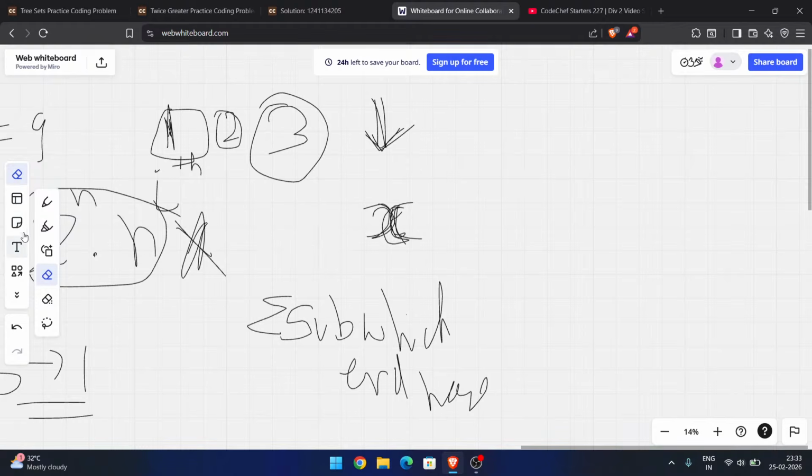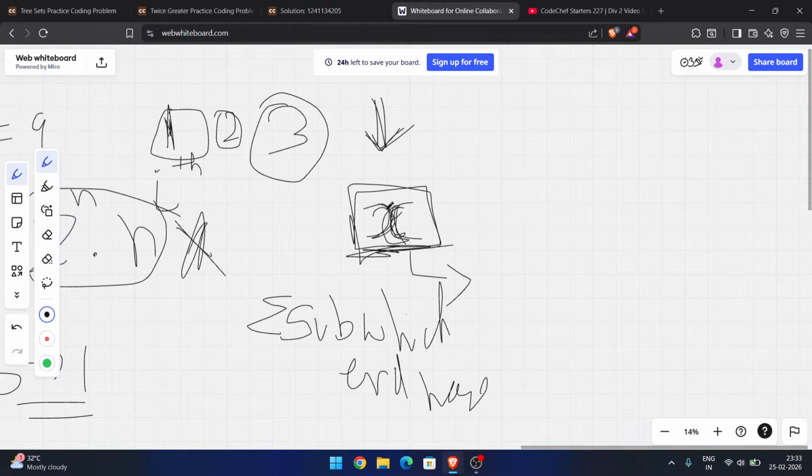Okay. So what are the two cases that would contribute towards the answer? Let's suppose every summation till here. What I'm saying is all the subsequences which end here, and in that subsequence this number should be contributing towards the answer. So that would be one case. All the subsequences which are ending here, and this number is contributing towards the answer, let us denote it by A, or we can say sum one.